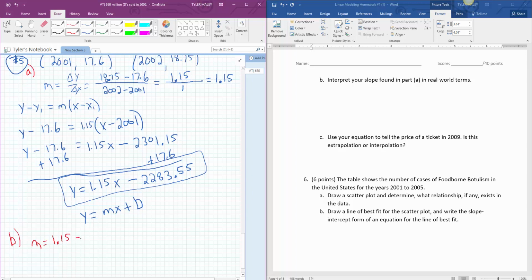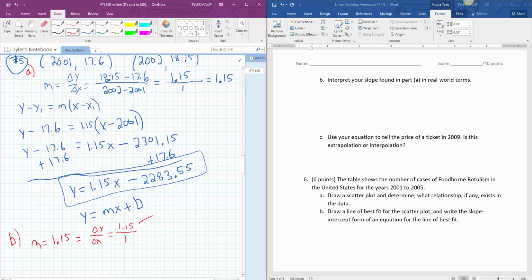So I think the easiest way to do this is to think about it this way. So 1.15, my slope, remember, is change in y over change in x. So we can think of this as 1.15 over 1, right?